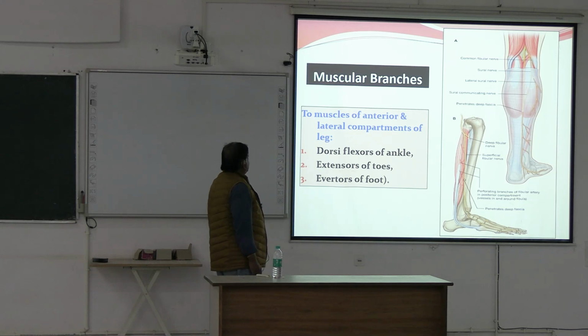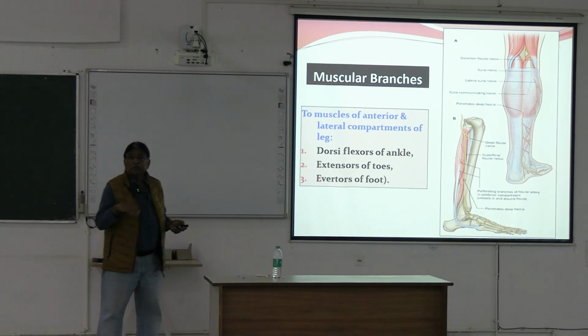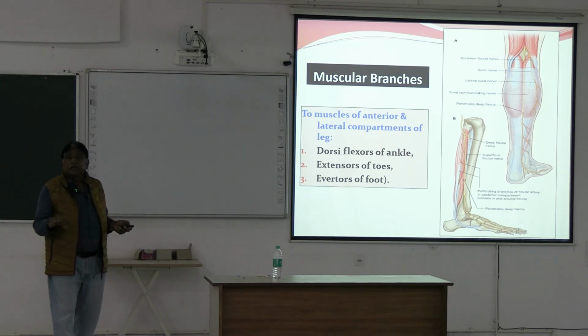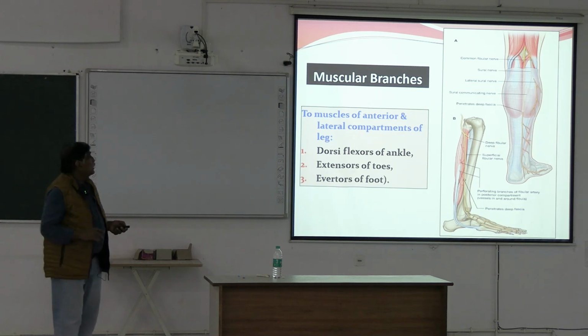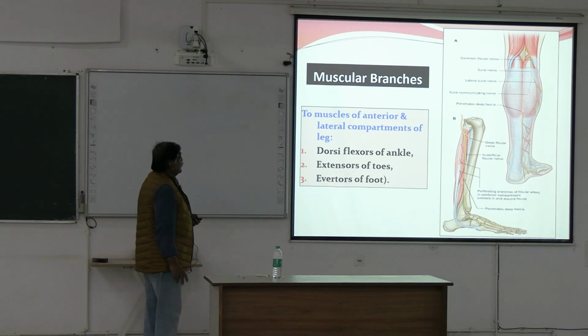Now, the muscles of the anterior compartment of the leg: dorsiflexors of the ankle, extensors of the foot and toes, everters of the foot. By the action of the muscles, if dorsiflexion of the ankle is absent, that means the muscular branch of the fibular nerve is affected.